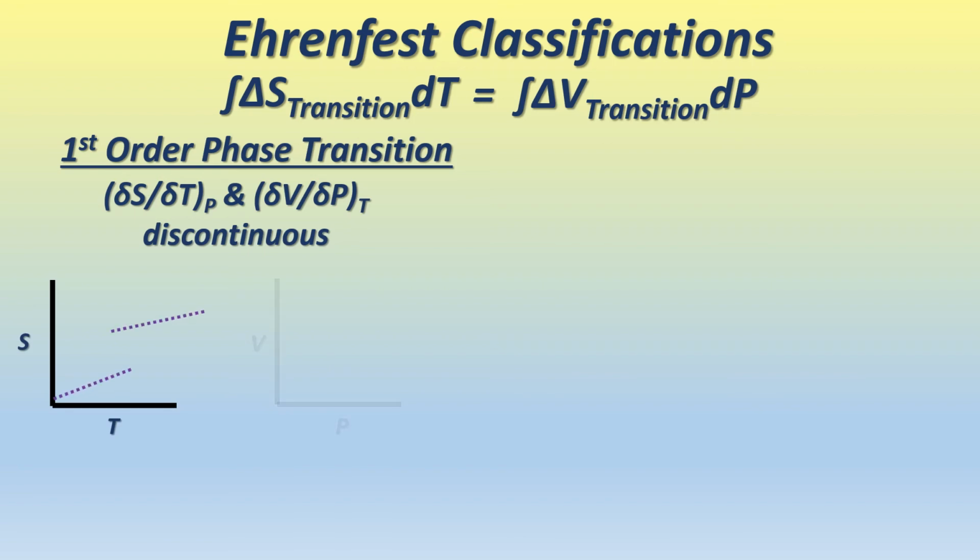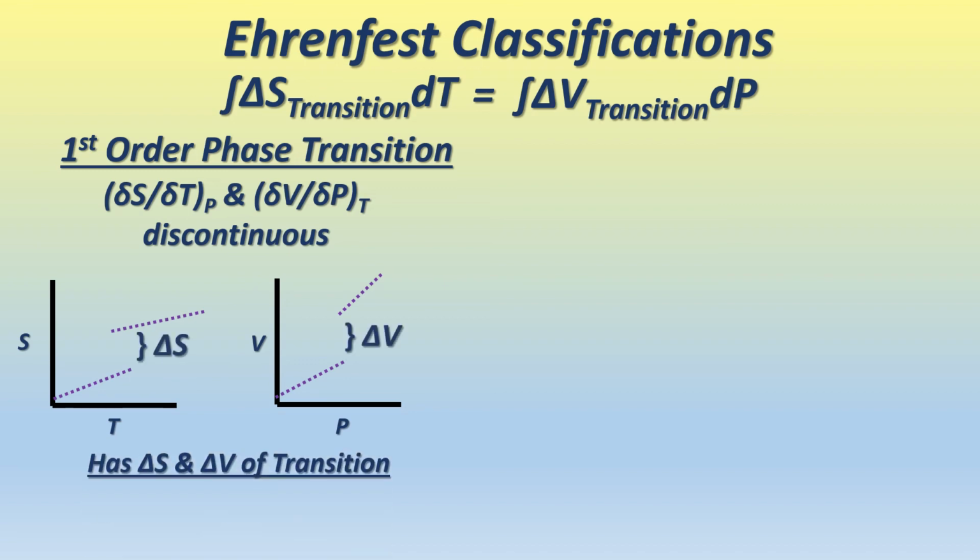Discontinuity means if I plot either entropy versus temperature or volume versus pressure, I wind up with a line that has a gap in it.